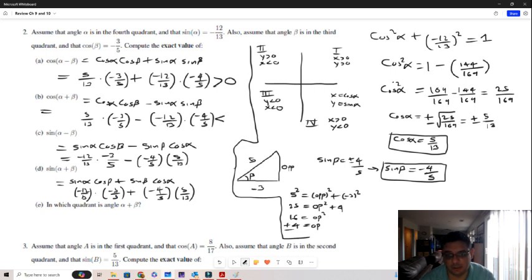So here we know that this is going to be negative, and we need to find out the sine of alpha plus beta. Here we have 36 positive, 36 over 80, and this is 20. So minus 36, minus 36, minus 20. So this seems like it's going to be a negative as well.